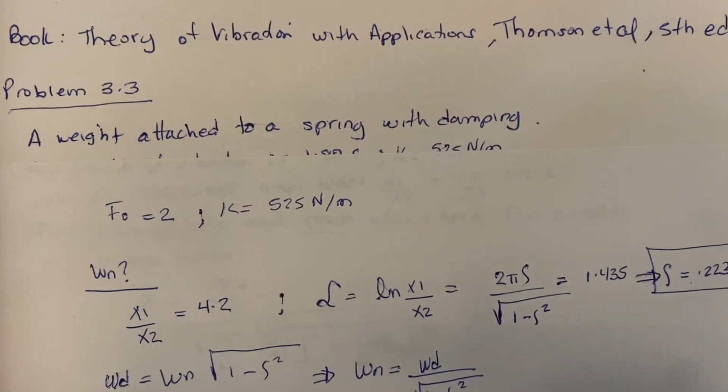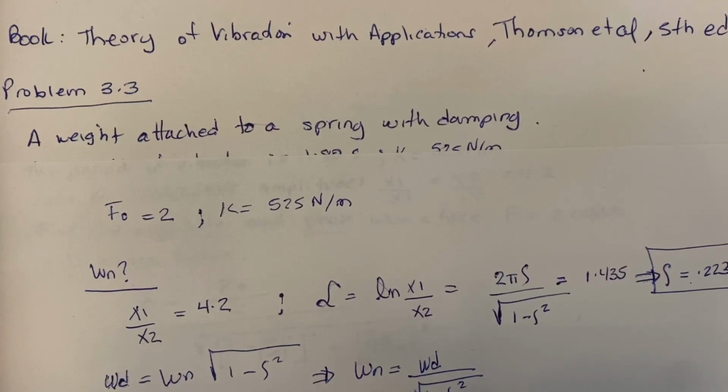Now, what is the damped frequency? The problem indicates that the period is equal to 1.8 seconds. The frequency is related to the period by the following equation: 2 pi over the period is equal to the frequency.